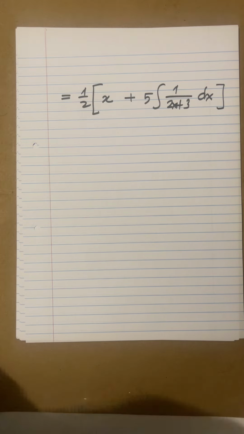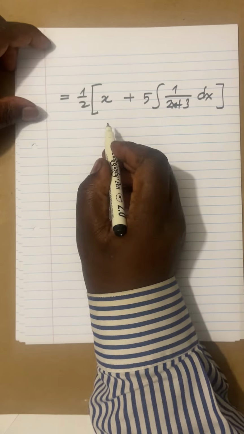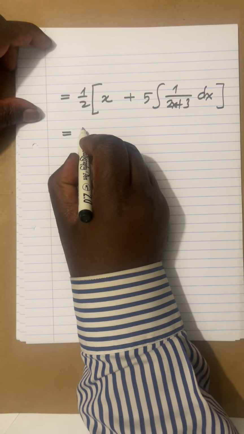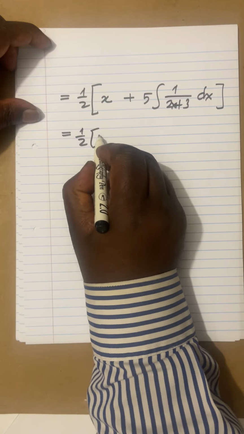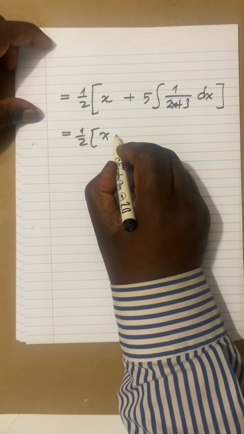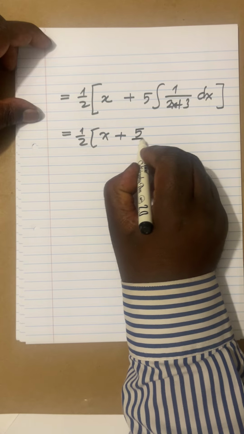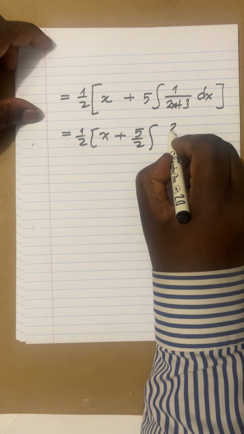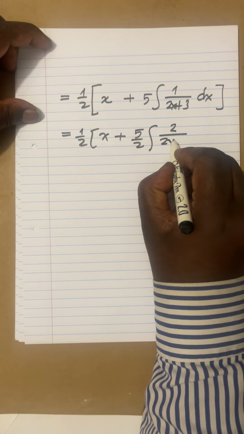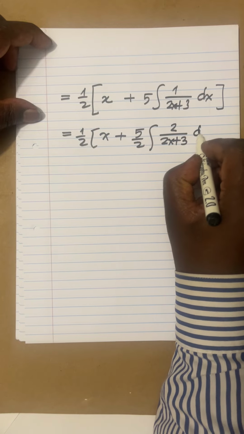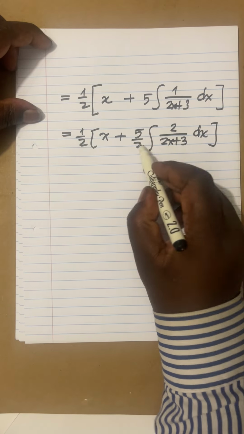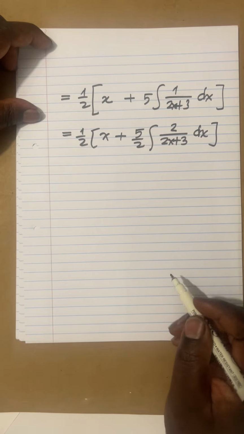All right, like so. So this changes to half. I have x, and then I'm going to have plus 5 all over 2, the integral of 2 all over 2x plus 3 dx. Take note of that. These 2's can cancel and I still have my 5 there.